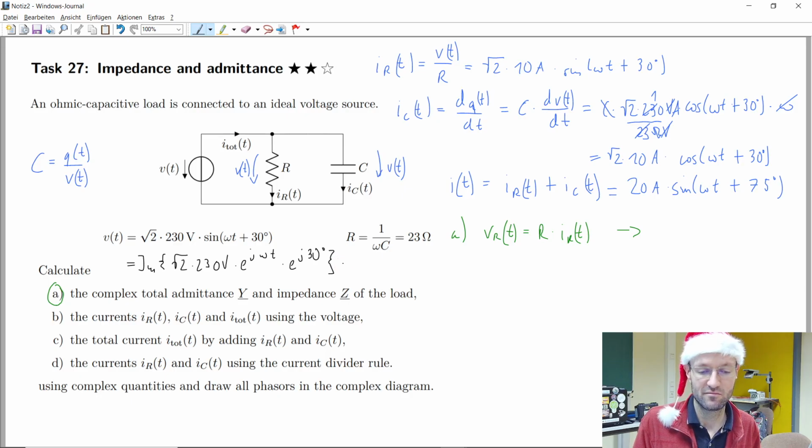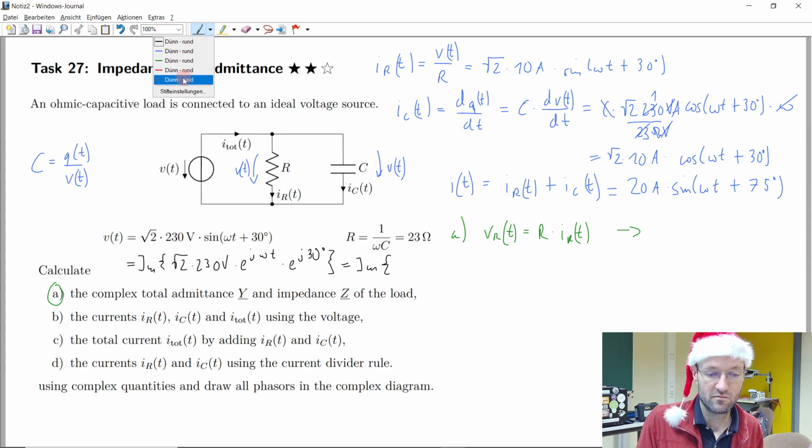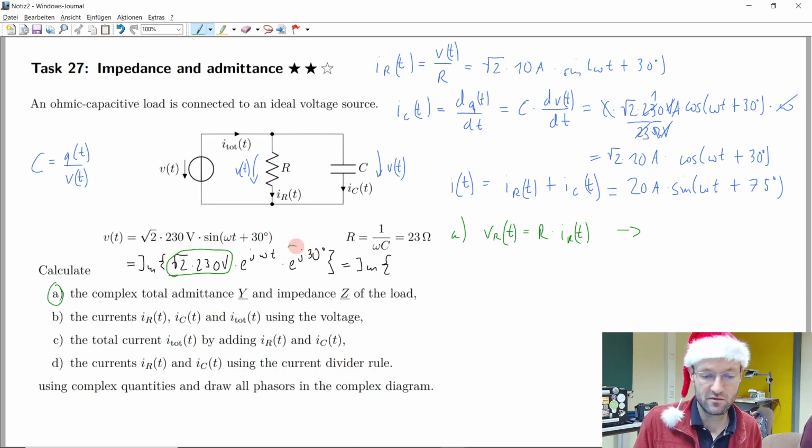And so now I could also combine this and say it's the imaginary part of, and so let's take green maybe once again. So now I will combine this and this together and call this complex voltage phasor.